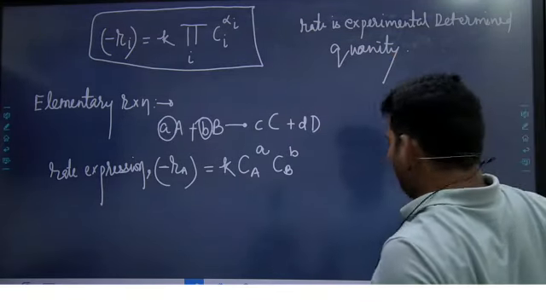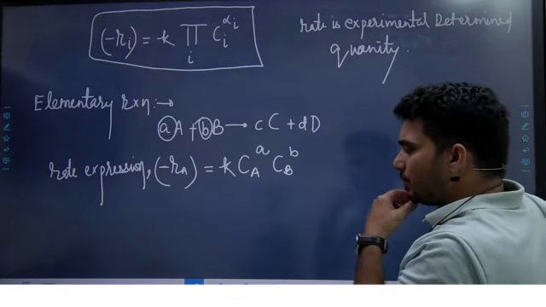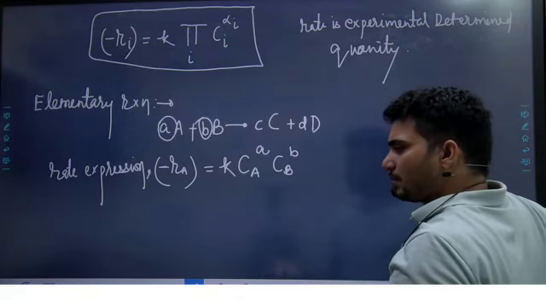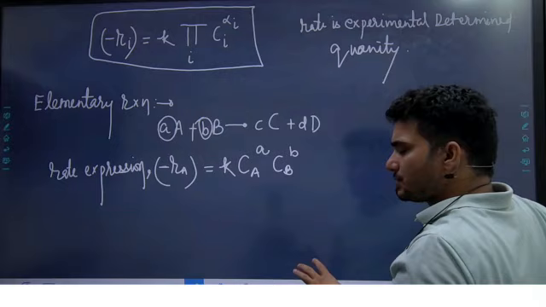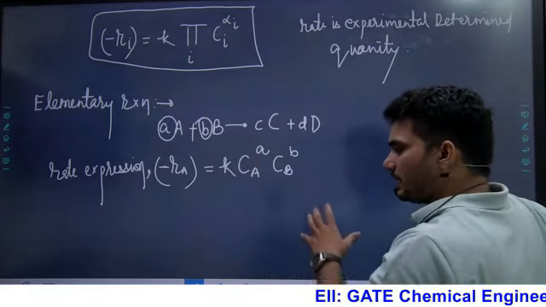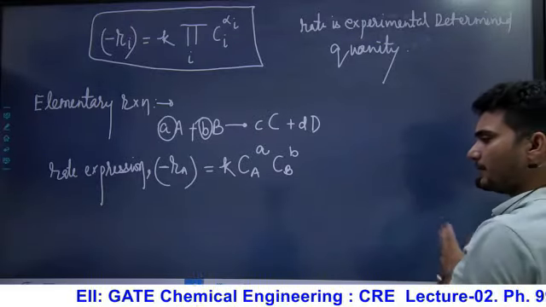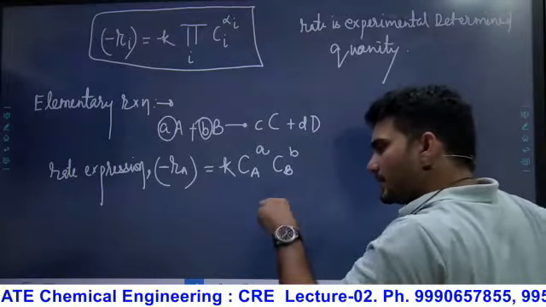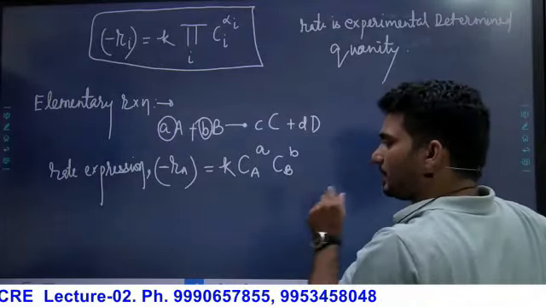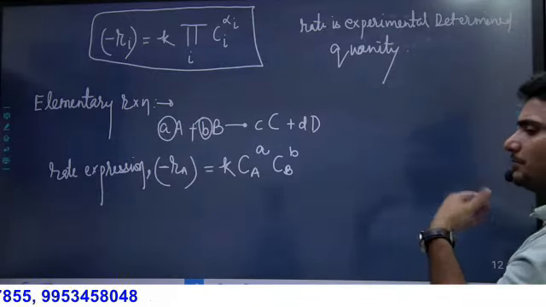So in the laboratory, either in a batch reactor or a continuous reactor, we feed the reactant, and at different times we take samples and analyze the concentration of A and of B. So we have the data at various times.